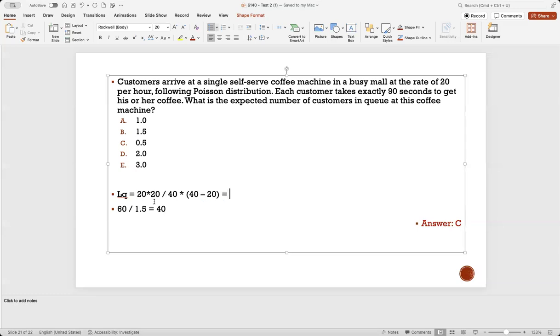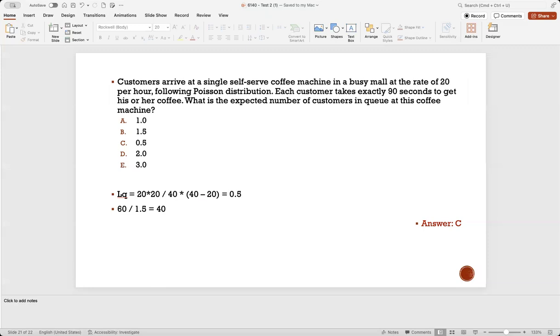We find the final answer is 0.5, so the correct answer should be option C. This is what I mentioned for test two: I will give you simple numbers, and you don't have to go through the whole calculation process. This is the calculation problem for chapter 10, and all the chapter 10 calculation problems in test two will be really, really similar to this one.